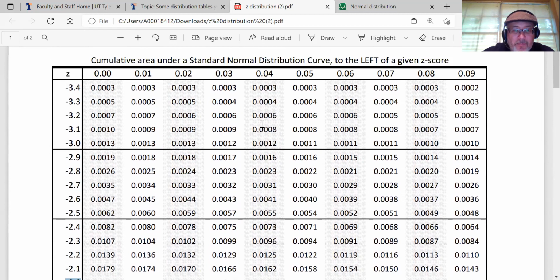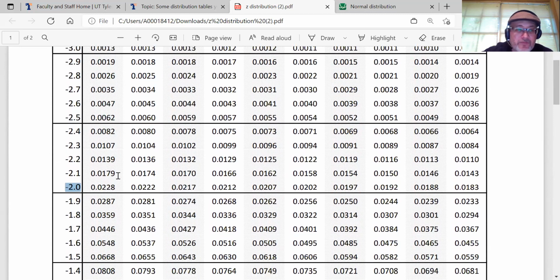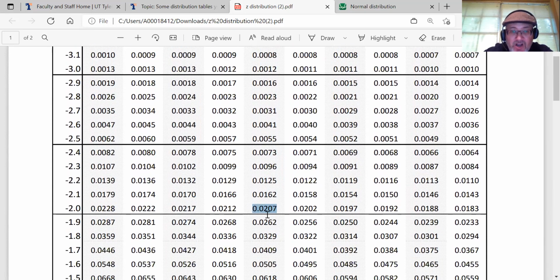Now, if I scroll up, you'll see that it's this column here. But even if you didn't scroll up, you could just count from left to right. Just make sure you start counting with 0. Negative 2.00, 1, 2, 3, and 4. This should be the correct one. It is definitely in the negative 2.0 row. And if I scroll up, it is in the 0.04 column.